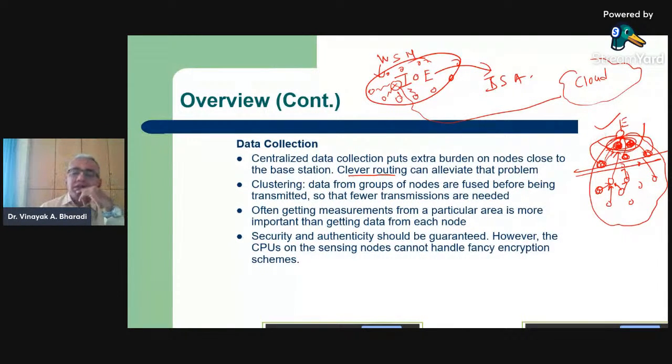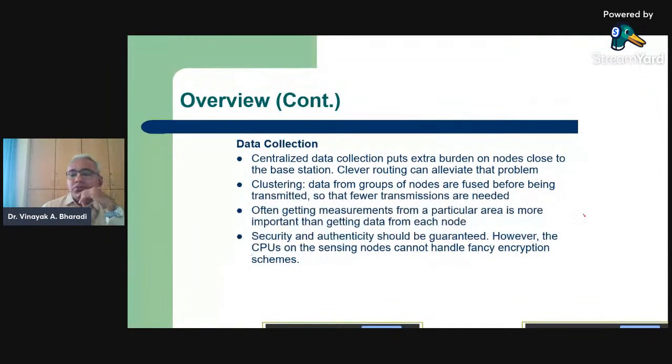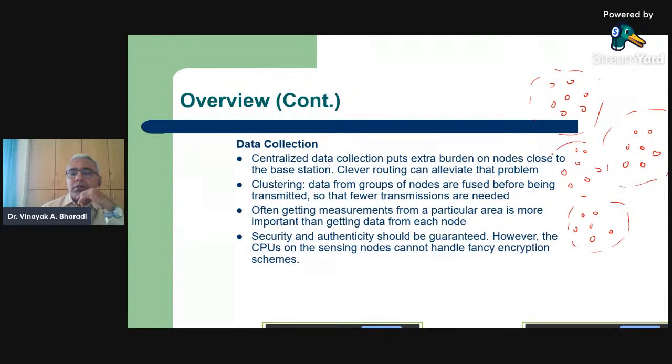Then clustering is where you group the nodes. When you have a WSN deployment with separate areas, maybe this is one area, this is another area. Rather than treating the full region together, we group the nodes in clusters like this.